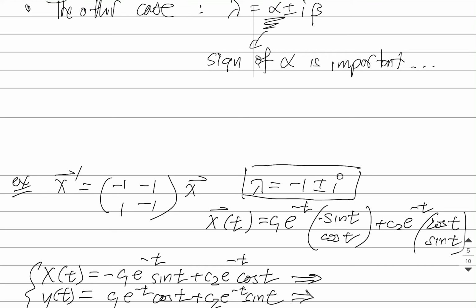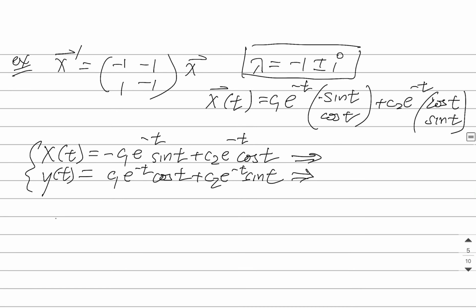And if you go through the mechanics of plugging it in, solving for the eigenvector, you'll find that this ends up being your solution. Again, if you want to pause the video, you can go ahead and do that and determine the eigenvalues and eigenvectors individually. The solution components look like this.